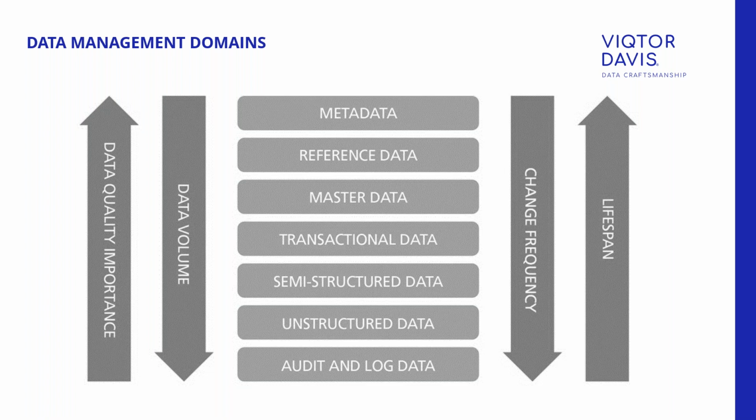Just to talk you through the diagram, the main ones are in the middle, but in terms of the arrows, for data quality, importance, and lifespan, the higher the domain is in that list, the greater the value we would usually find to the business. And on data volumes and change frequency, the lower it is in the list, the more we would see in terms of data and how quickly it changes. So that's the sort of thing we'd expect to see in our cloud data platforms.